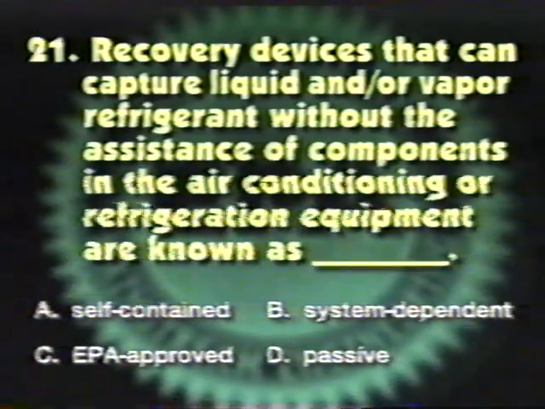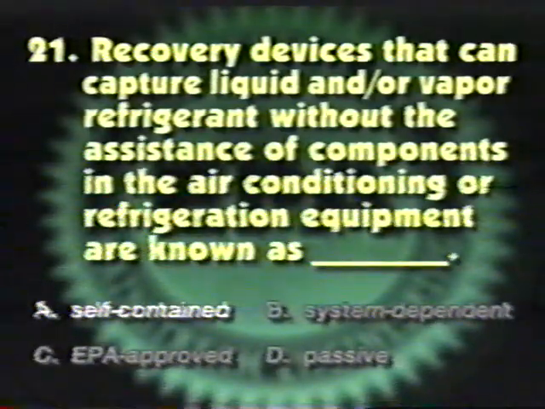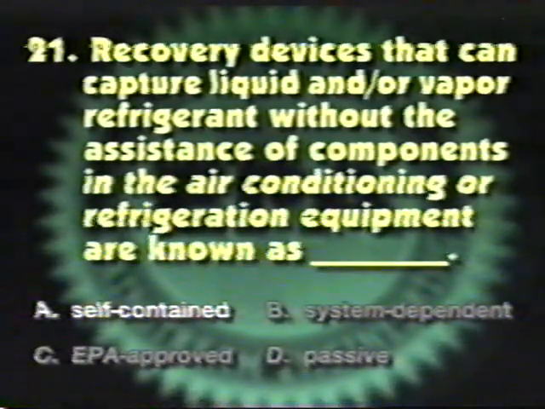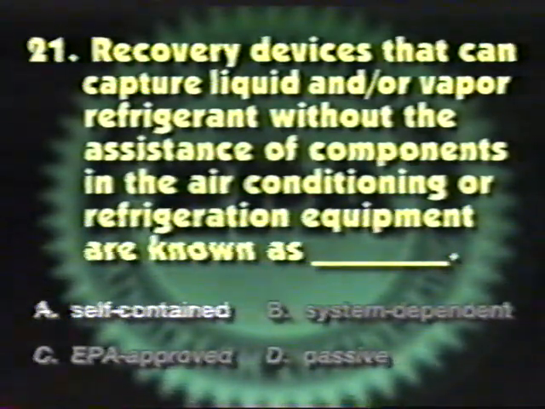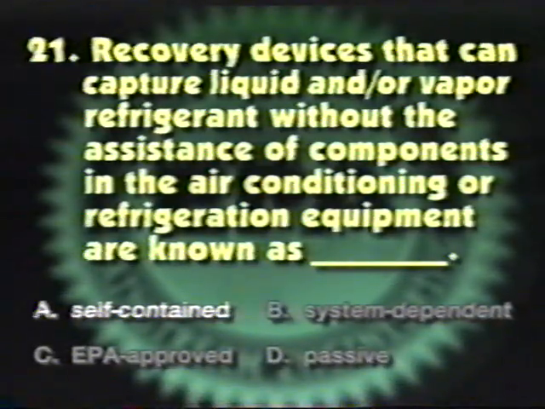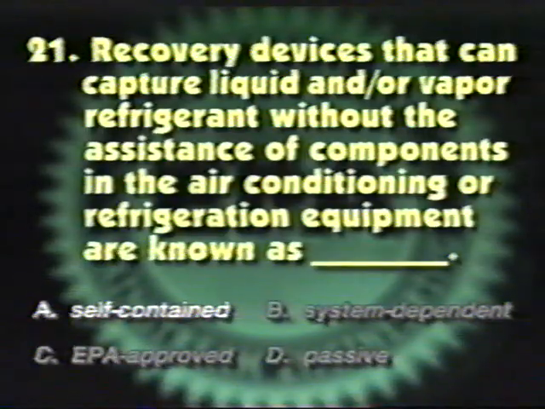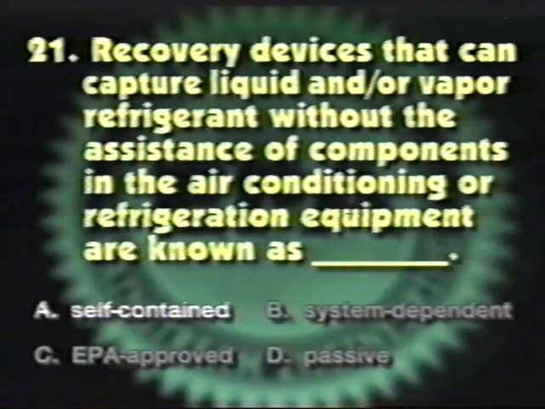Self-contained or active recovery devices can capture liquid and/or vapor refrigerant without the assistance of components in the air conditioning or refrigeration equipment. Therefore, the correct answer is A, self-contained. Remember that all recovery devices must be EPA approved.